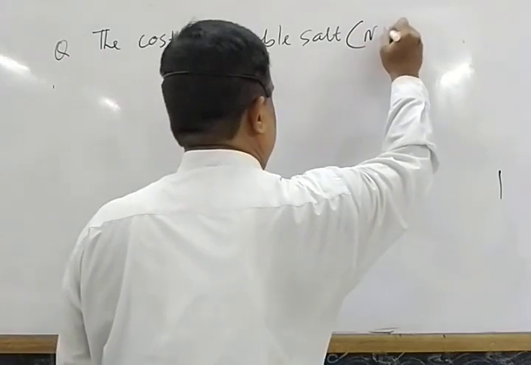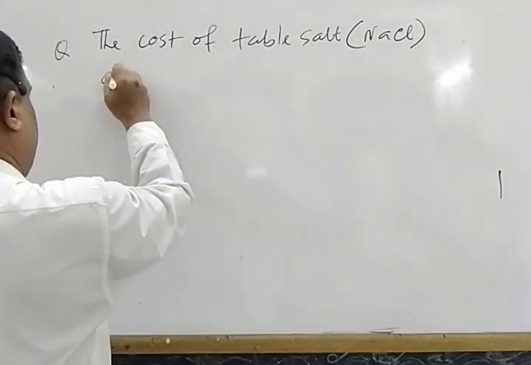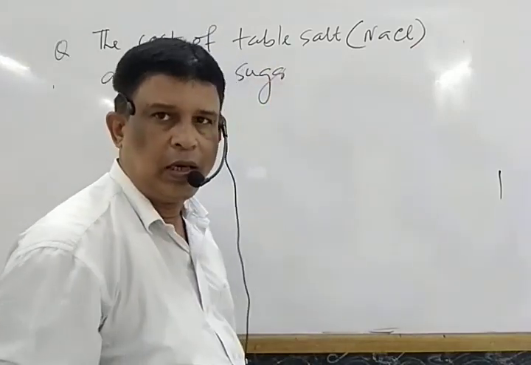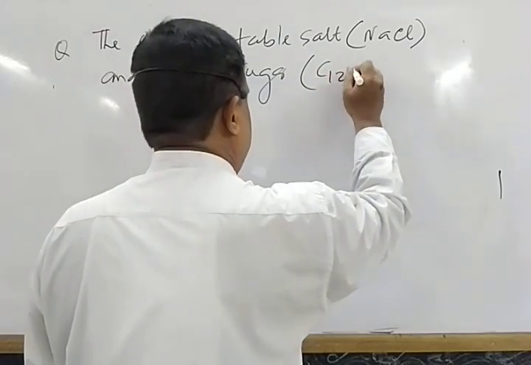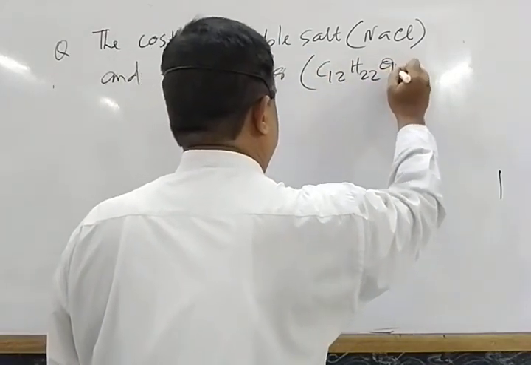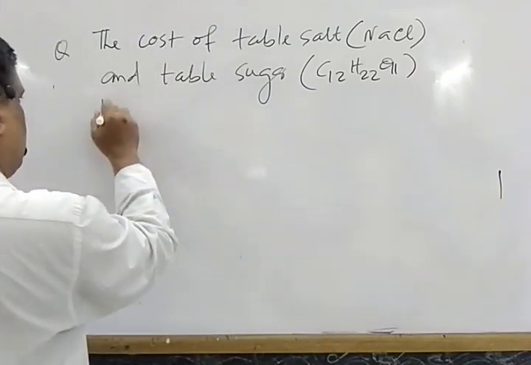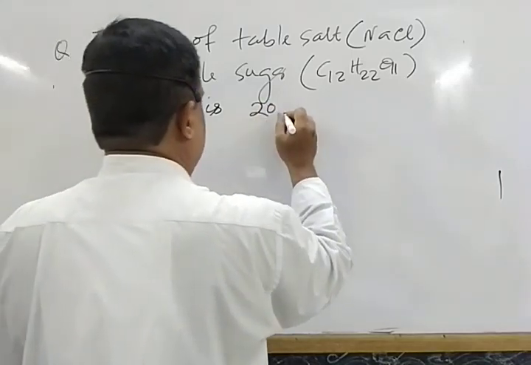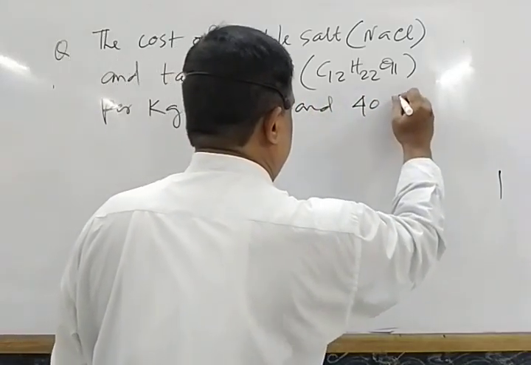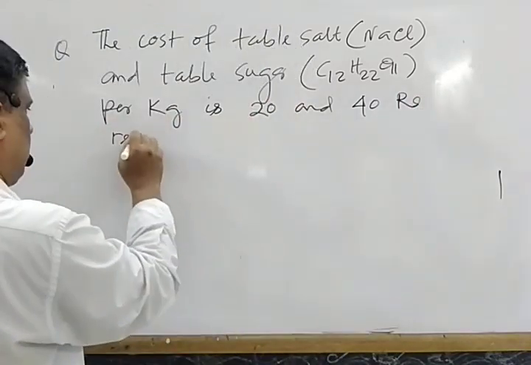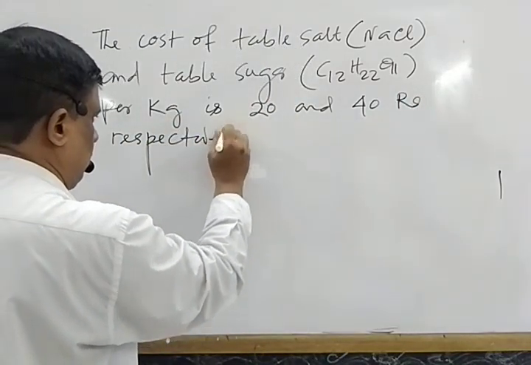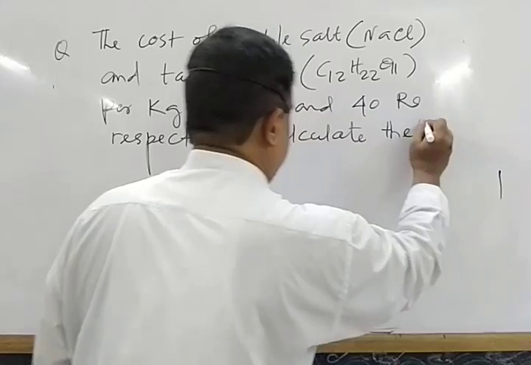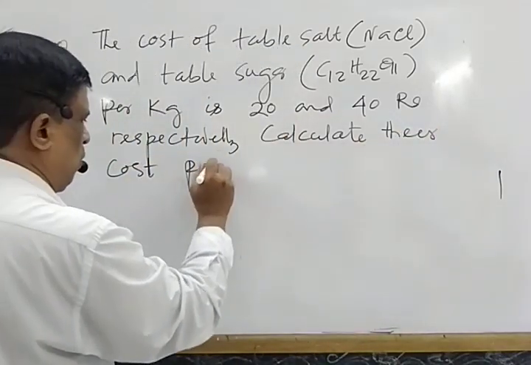The cost of table salt, NaCl, and table sugar, that means C12H22O11, per kg is 20 and 40 rupees respectively. Calculate their cost per mole.